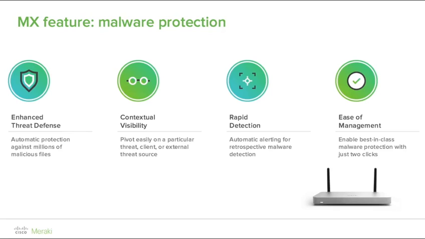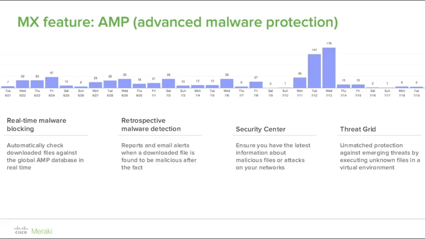The AMP Intelligence Database has over 500 million known files and receives 1 million new samples every day. This means that your network can be protected even from the newest of threats, because AMP is watching your back. Downloaded files will get checked in real time against the global AMP database.